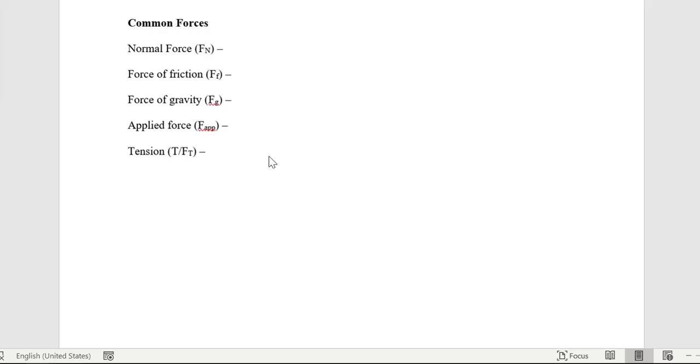Now these electromagnetic forces, what are some of the common forces that we see? So obviously the force of gravity, which we know, and the symbol for the force of gravity is Fg, okay? Force is a vector, so they all are going to have their arrows. The normal force we'll talk a little bit about, but this is the force that acts perpendicular to a surface.